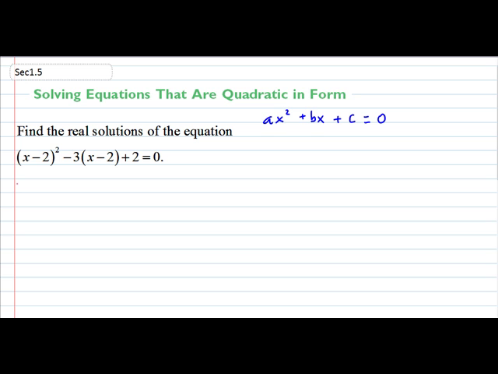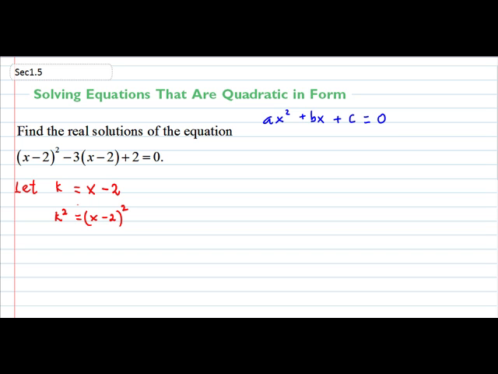So I let k equal the base, because this base here has the smallest power, so I'm using the smallest power as k. So k is x minus 2. Now if k equals x minus 2, I square the k, therefore x minus 2 squared is k squared, right?